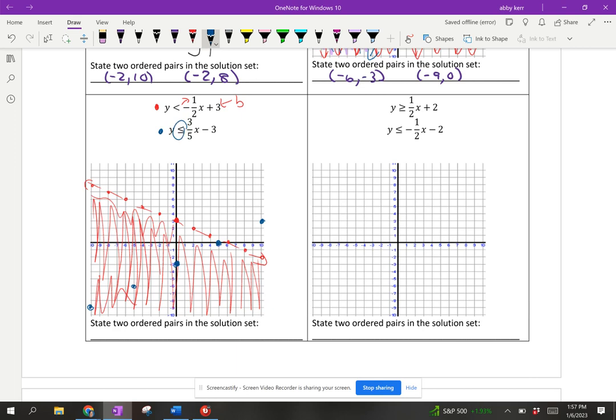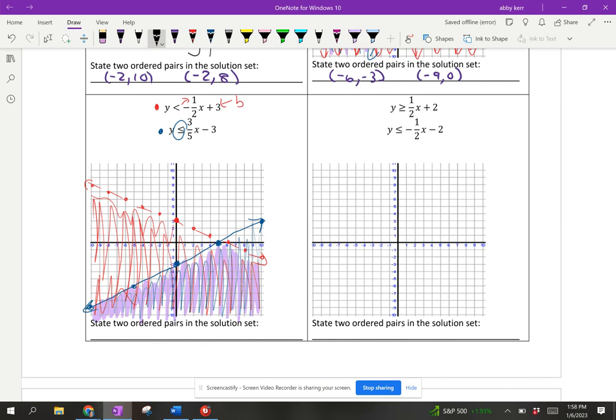Now this is less than or equal to, so we're going to draw a solid line, and then we are going to shade below. So since blue and red make purple, I will just shade this to clarify. This whole region right here is the solution set because that's the overlapping.